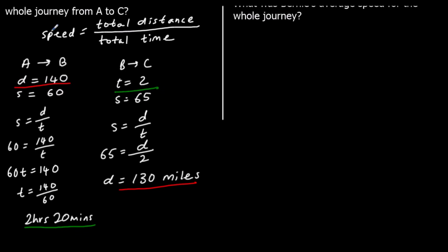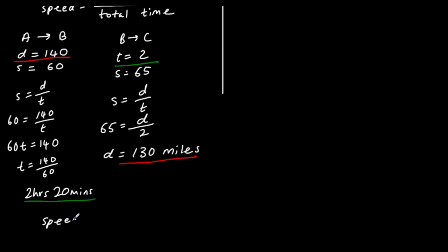So the overall speed is total distance, which is 140 plus 130, over total time, 2 hours plus 2 hours 20 minutes, which is 4 hours and 20 minutes. So 4 1/3 of an hour, or we can use the time button on the calculator. So we could have left this as 2 1/3 and divided by 4 1/3. Either way, we're going to get the same answer.